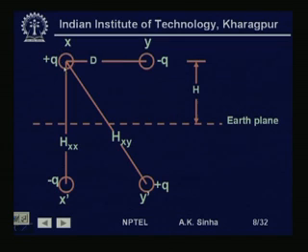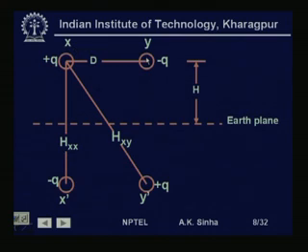The charge on conductor x is q coulombs per meter and the charge on conductor y is minus q coulombs per meter, because conductor y in a single phase system acts as a return conductor, that is, current flowing in x will return through conductor y.